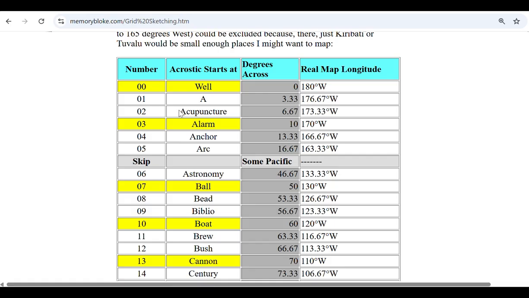So if a word falls between acupuncture and alarm, addition, aeroplane, affliction, I'd look across and say, oh, okay, that's to do with the square on the map that begins at longitude 173.33.